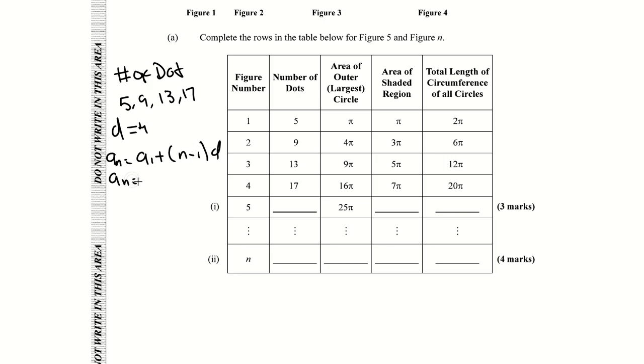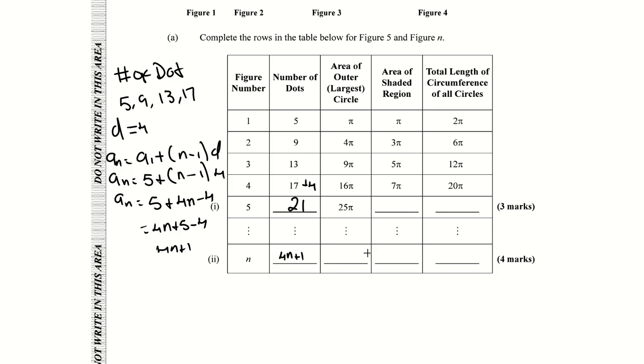So my first term is 5 plus n minus 1 by 4. So an is equal to 5 plus 4n minus 4, which is 4n plus 1. So your fifth term, you could either add 4, 17 plus 4 is 21, or apply the formula when n is 5: 5 fours are 20, 20 plus 1 is 21. So you get the same answer.